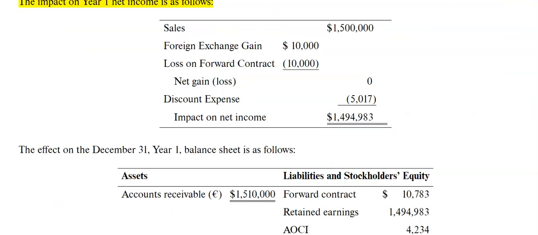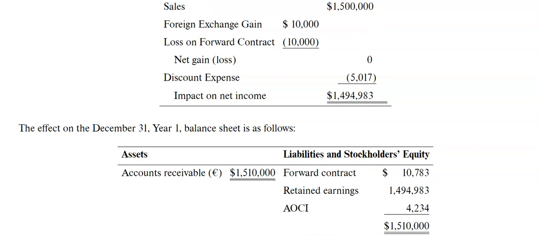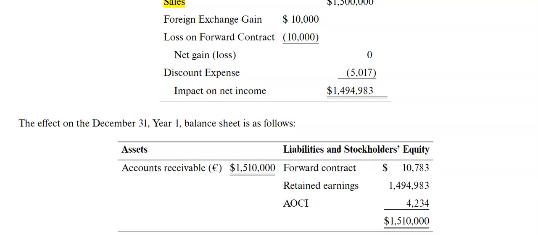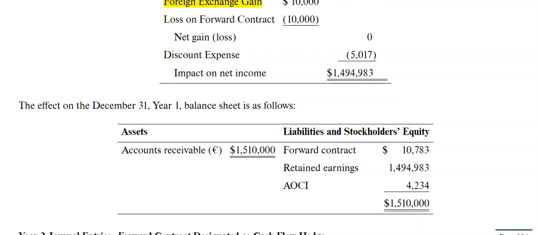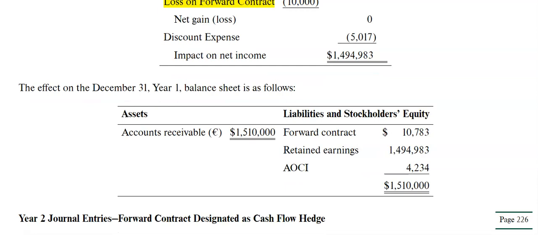The impact on year 1 net income is as follows. Sales: $1,500,000. Foreign exchange gain: $10,000. Loss on forward contract: 10,000.